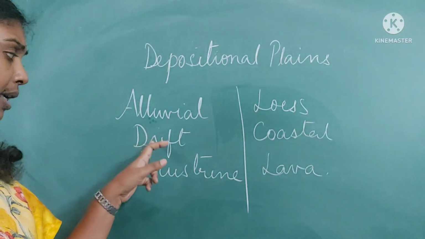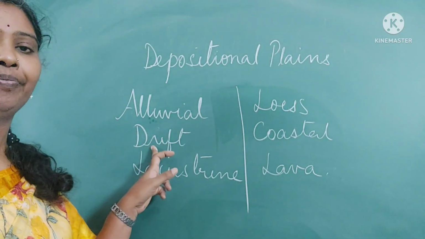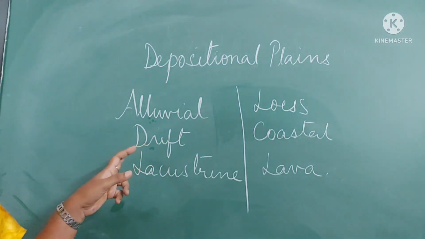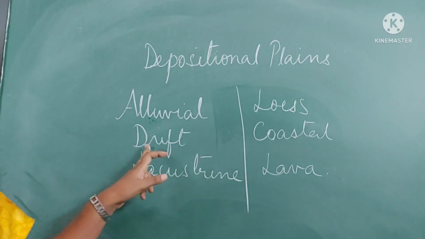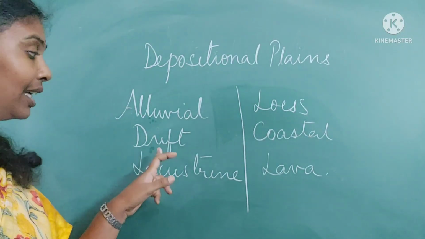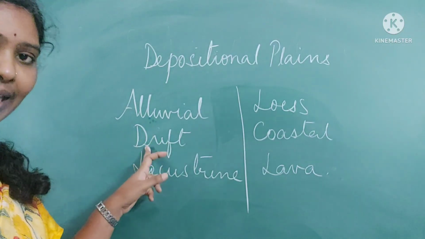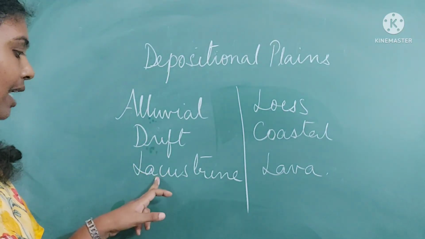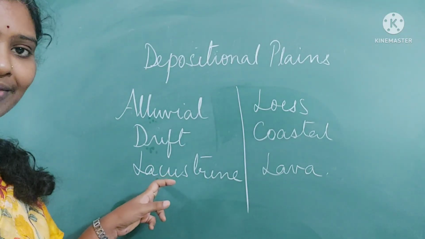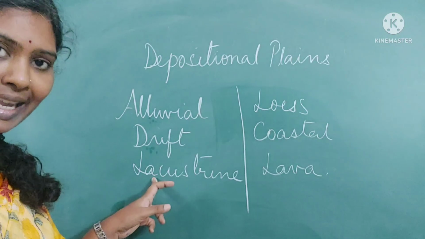Next one is drift plains. In case of drift plains, the depositional work is done with the help of glaciers. Next one is lacustrine plains. The depositional work is done with the help of lakes.